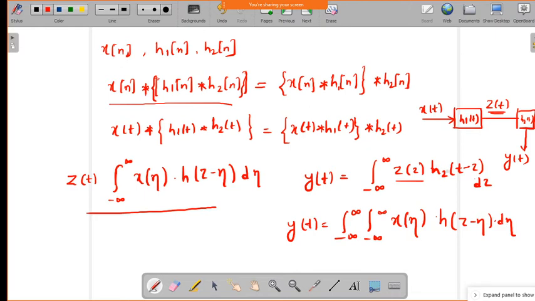And one more, that is h2 of t minus tau d tau. So this is the final output of the system where we have connected h1 and h2 like this and convolved with x of t, which is the cascaded connection.